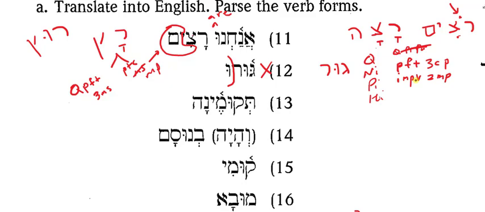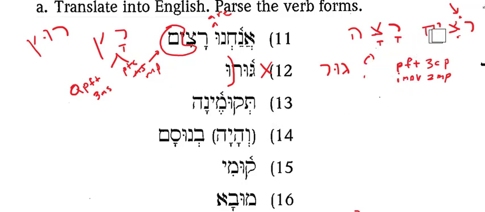Is that the only one? There's two. That's right. What's the other one? The cal and the piel. So if this is cal and piel, it's imperative, right? So now I just told you that in the hollows we don't have piels. We don't have hollows that follow a true piel pattern. So either way here, if it's perfect or imperative, there's really only one possibility for these, right? It's only cal.